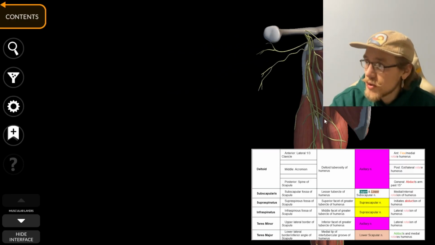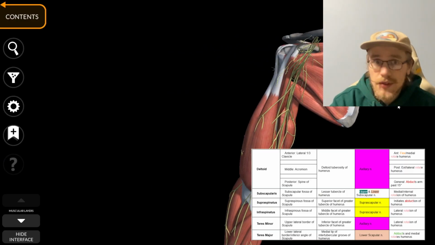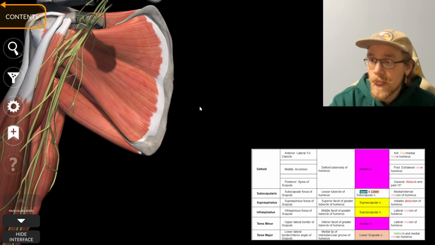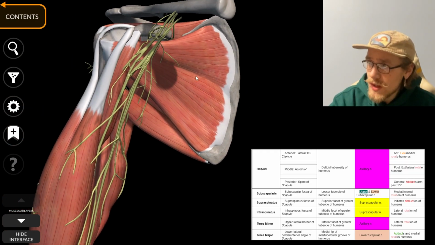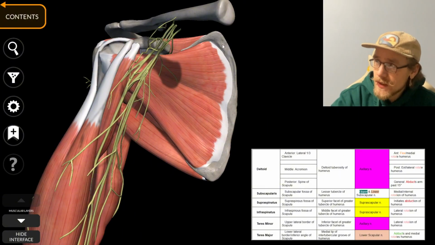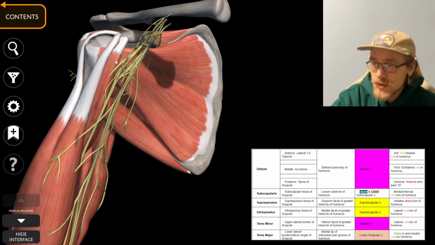Next, we're going to go to the subscapularis, who is over here. This is on the subscapular fossa. It's going to be more anterior than the others. It's going to start at the border here on the subscapular fossa, go into the lesser tubercle of the humerus.